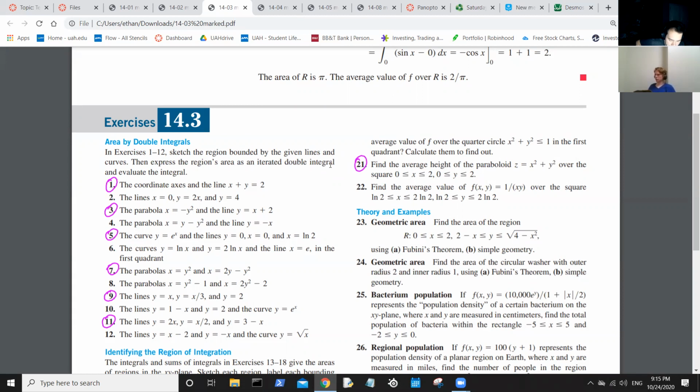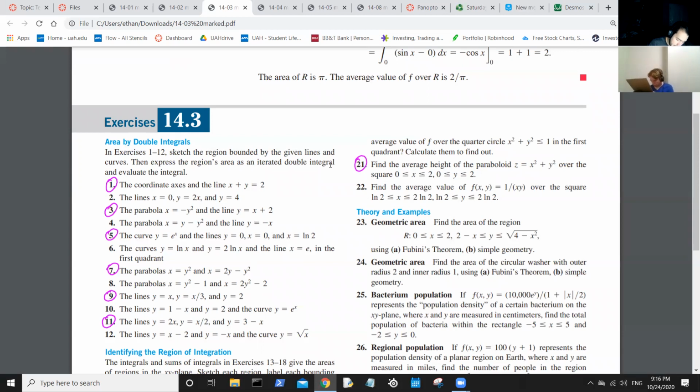Always pick something where you don't have to break it apart, because if we did this one horizontally, it would produce 2 figures: one where e to the x intercepts the y-axis, and then another below that, which is a rectangular shape. That's tricky. Avoid that at all costs, unless required to do so.